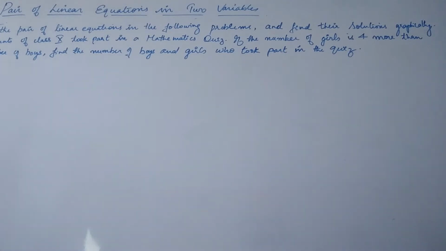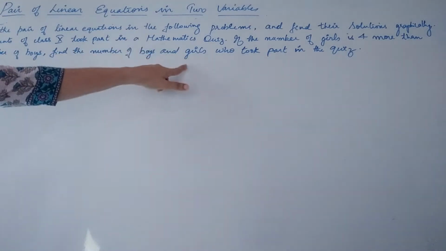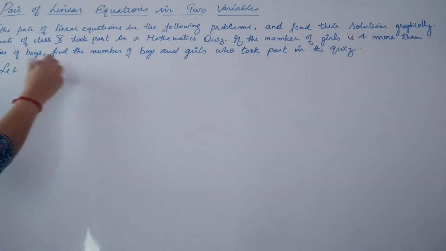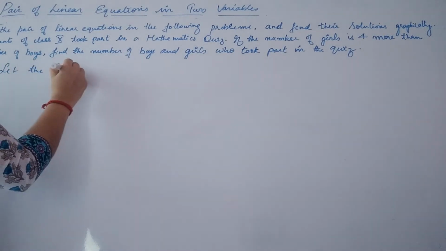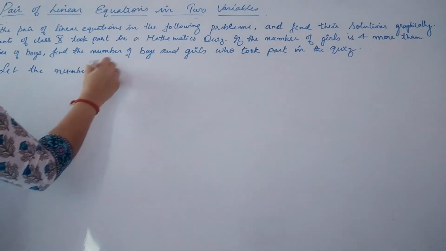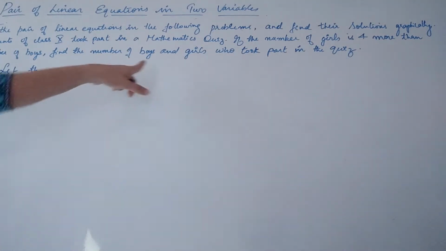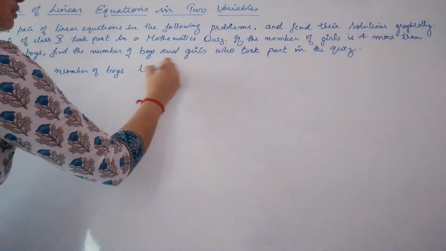So for solving this problem, first we need to take the number of girls and number of boys. In order to find the number of boys and girls, we have to take variables. So let's start: let the number of boys be x.